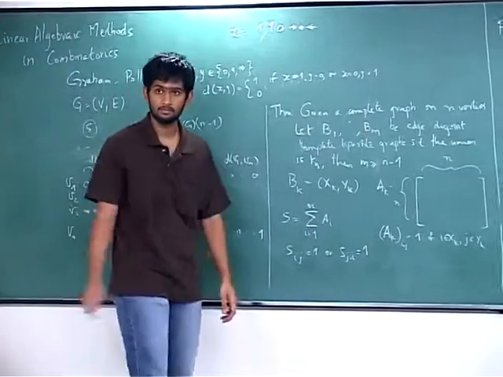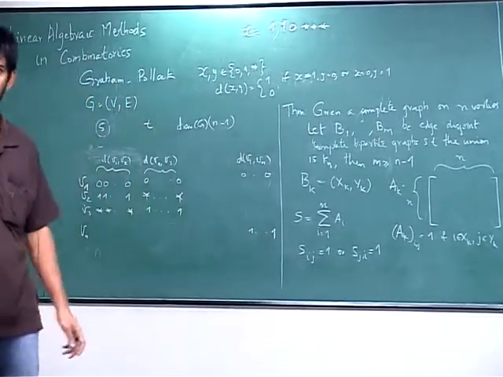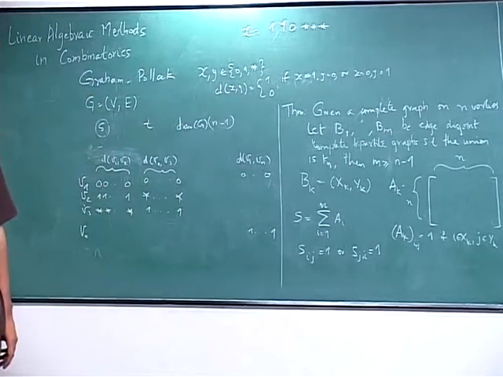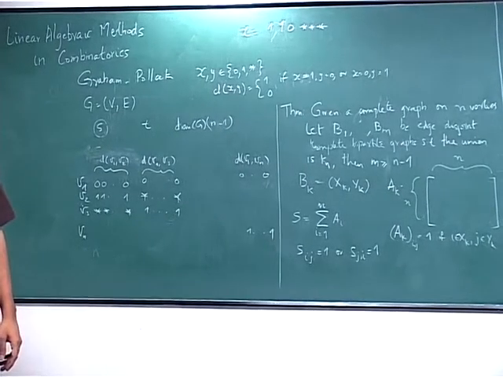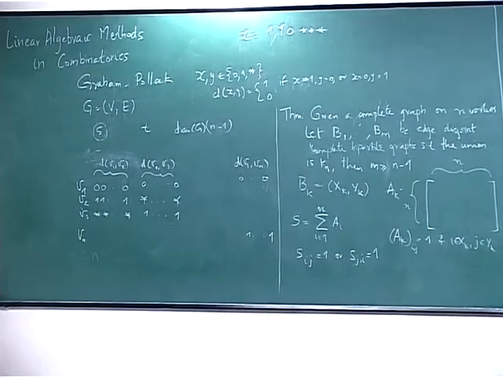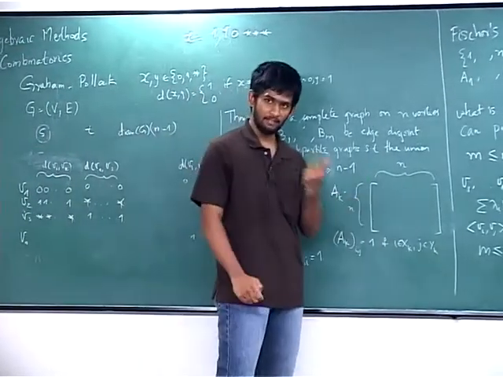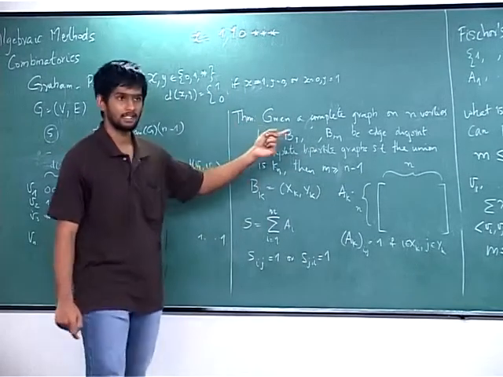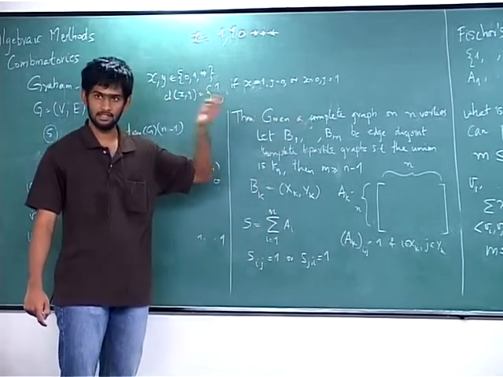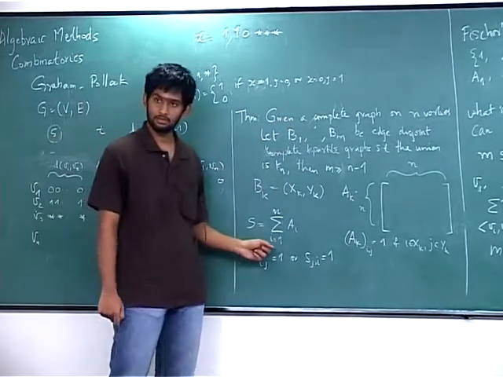So what if i does not belong to Xk and does not belong to Yk also? Then the entry is 0. Only once can it actually come because that edge is covered exactly once, because it's disjoint bipartite graphs. Each ij occurs exactly once. So this has to be true, right?